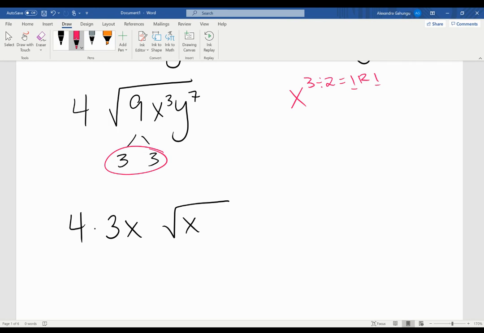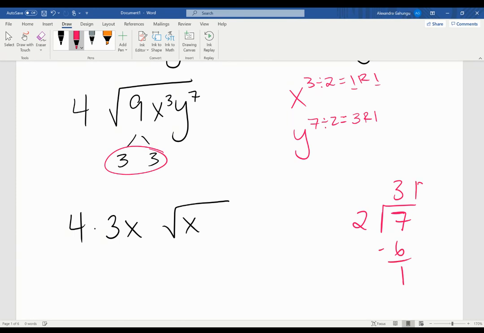Then y's, I've got y to the 7th. I divide that by 2. So that means 3, remainder 1. Because I always look, maybe I'll do it on the side. So 7 divided by 2. How many 2's fit into 7? 3 2's, because 3 times 2 gives me 6.